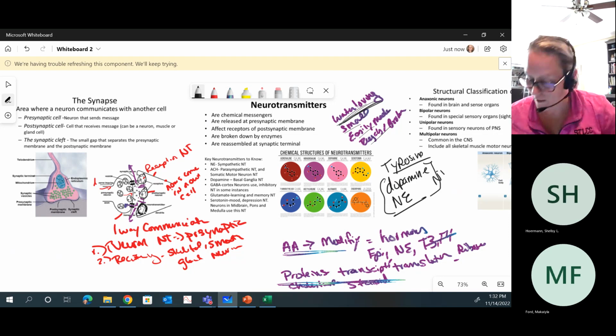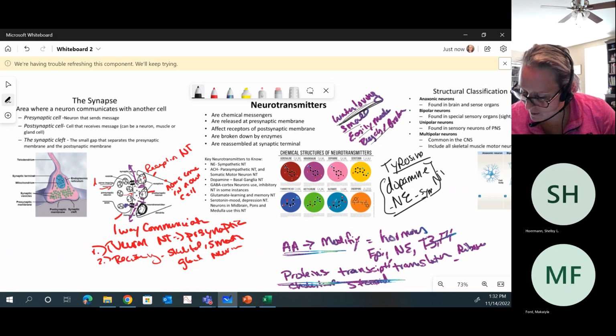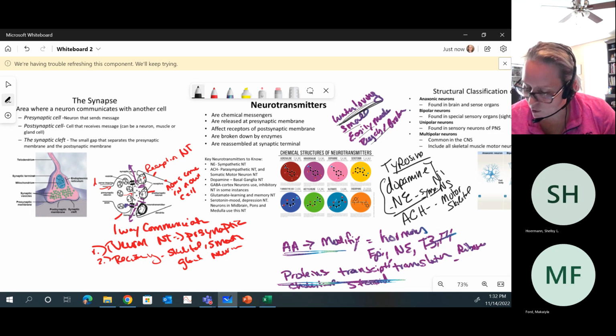Okay, so we've talked about norepinephrine. This one's going to be important in our sympathetic nervous system. We've talked about acetylcholine. Acetylcholine is our motor for skeletal muscle. So our somatic motor neurons and skeletal muscle communication. We're also going to learn that acetylcholine is important in the parasympathetic nervous system.